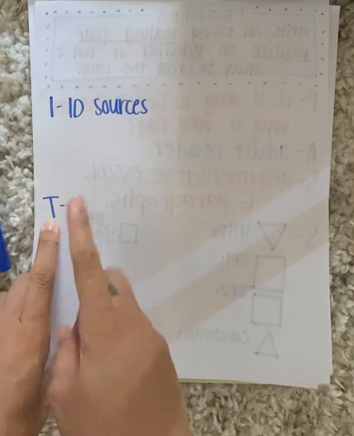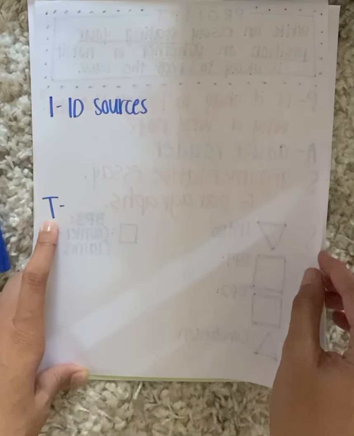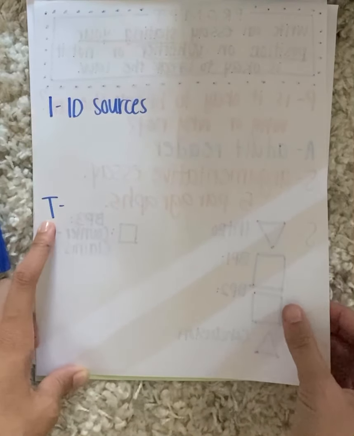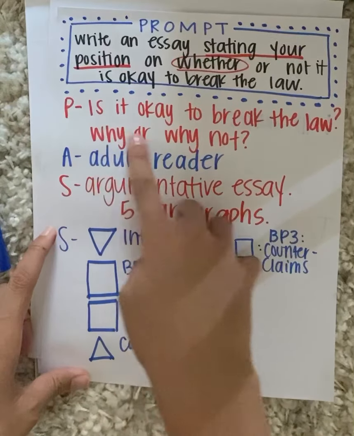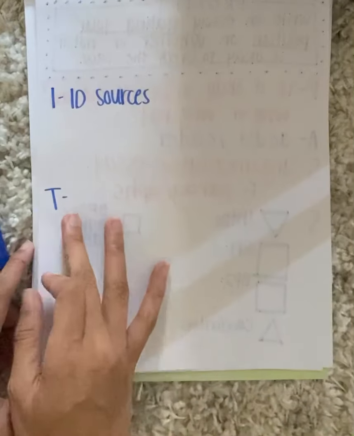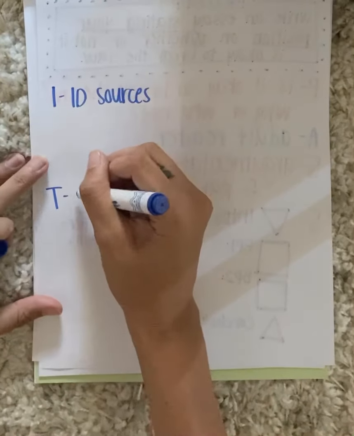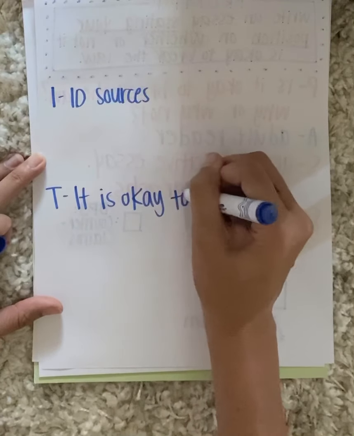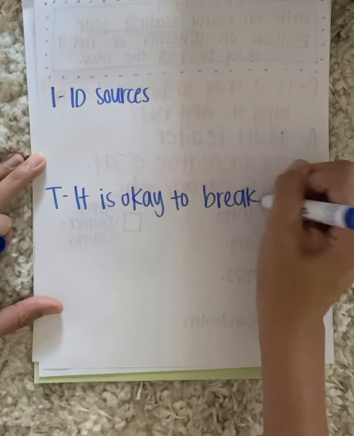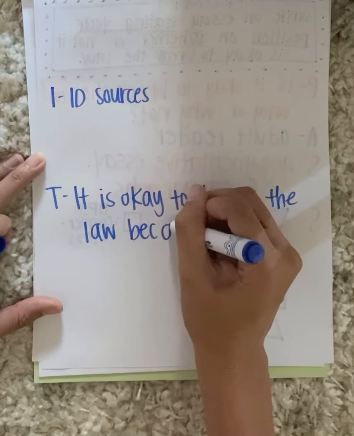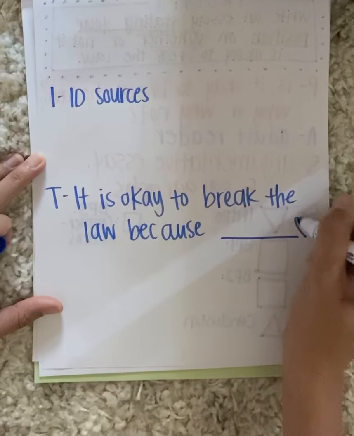For my thesis, I'll go back and look at the P and then answer those questions to create my sentence frame. So our question was, is it okay to break the law? Why or why not? I'm going to answer either it is okay to break the law because blank and blank.